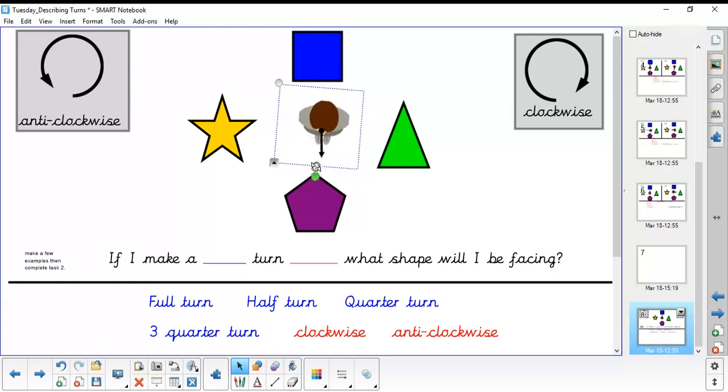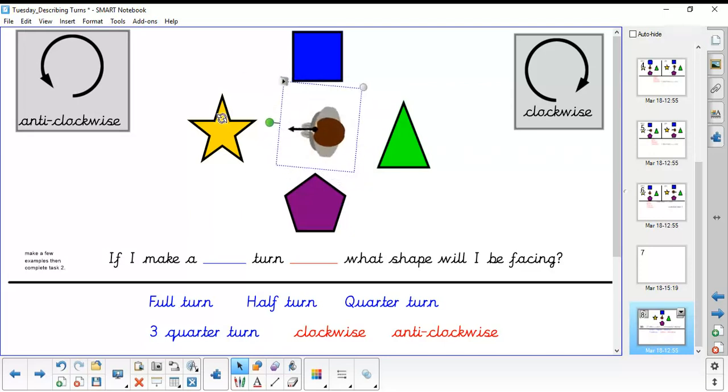Half a turn means I would end up at the purple pentagon. If I was to make a half turn anti-clockwise, what shape will I be facing? That's right. I will go the opposite way and make half a turn and end up at the blue square.